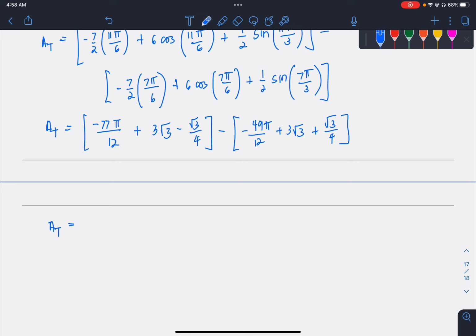So total area, so distribute, this one will become positive. So we'll have, okay, so negative 77 plus 49, so 27 plus 1, so 28. So negative 28 pi all over 12. And so negative and negative.